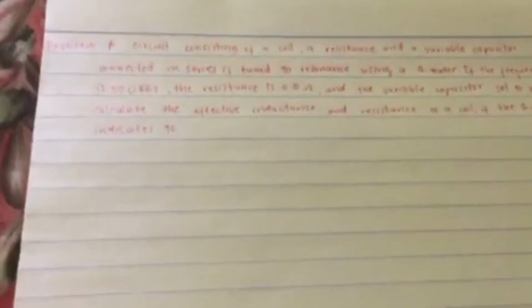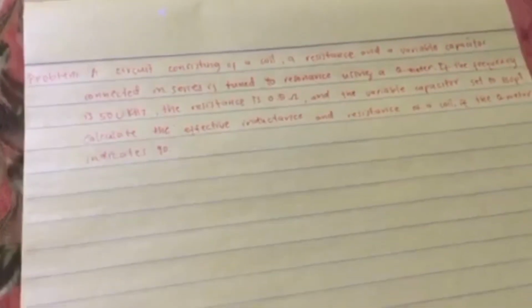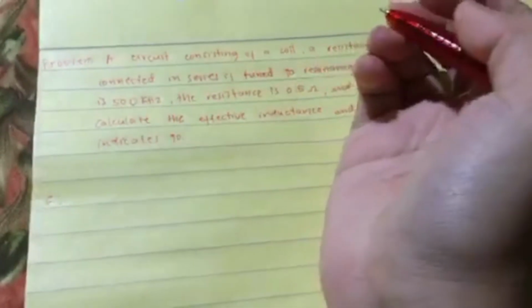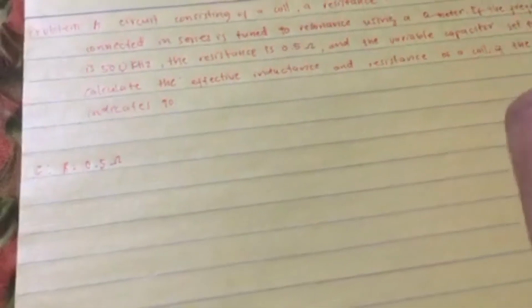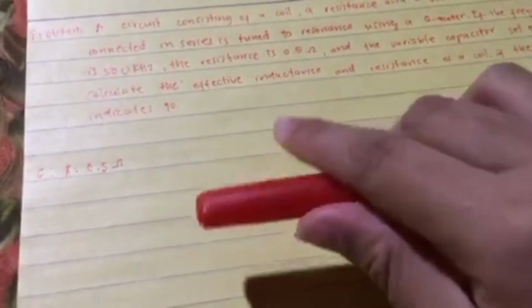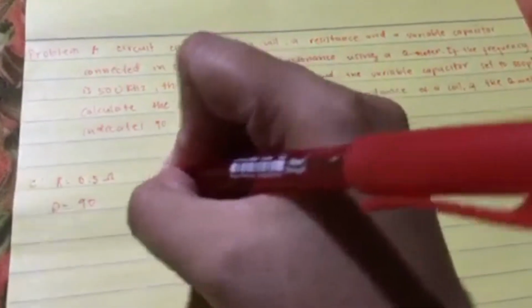So let us first list down the given. The first is the resistance, which is 0.5 ohms. Next is the Q meter, which is 90, and the variable capacitor is 350 picofarad.